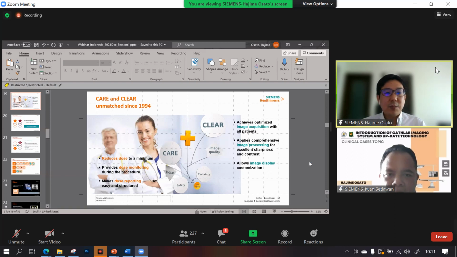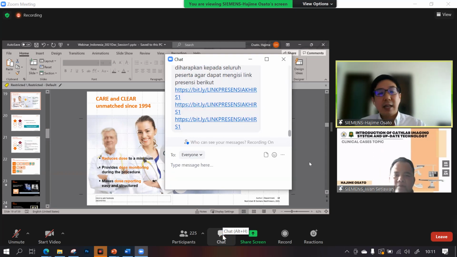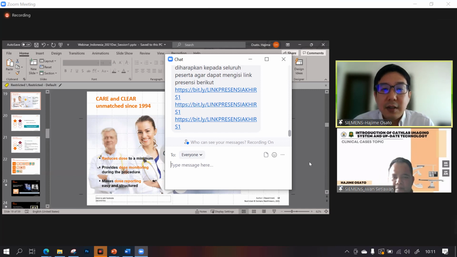Each vendor has a technology like this to reduce the radiation dose and maintain the image quality, something like ClarityIQ in the Philips system. Maybe all vendors have a very similar technique in each angio system, I think.